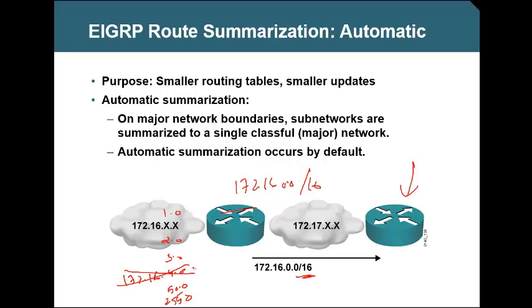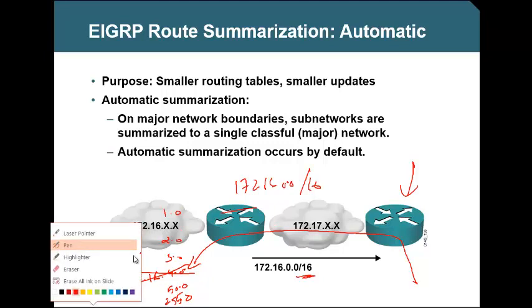It may be unnecessary to send this small update, because this router is not a frequent talker to this network. So on such occasions, it is good to summarize. Summarization reduces the number of updates and reduces the size of the neighbor router's routing table.